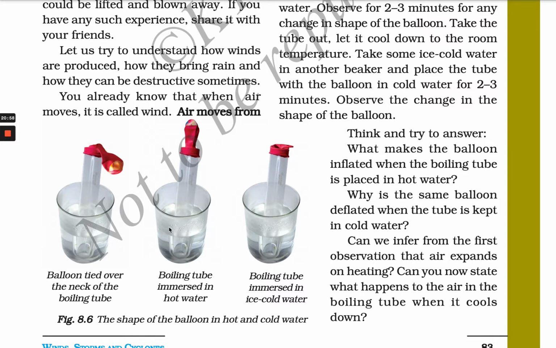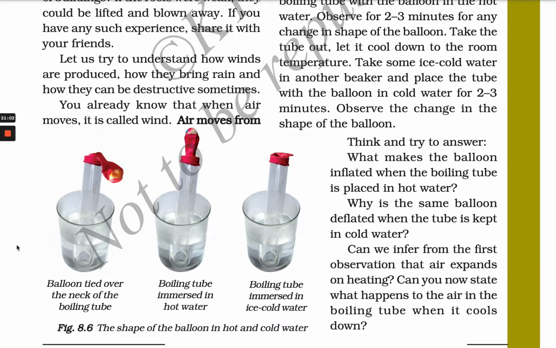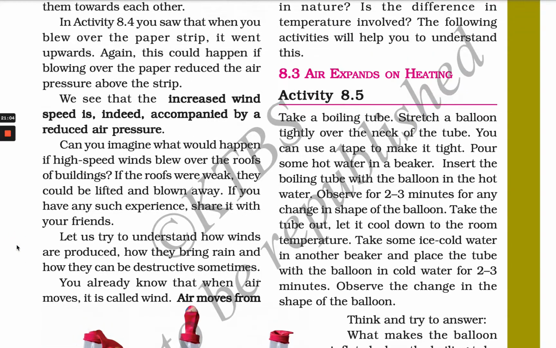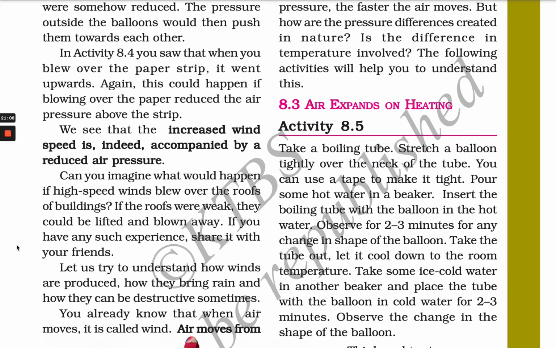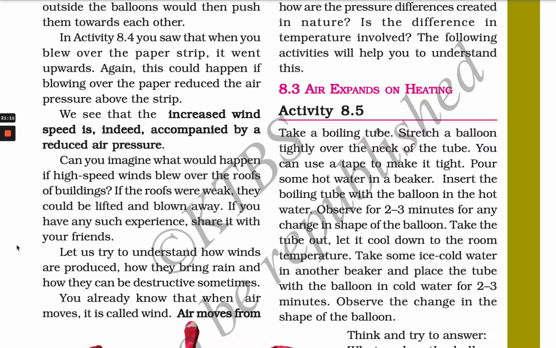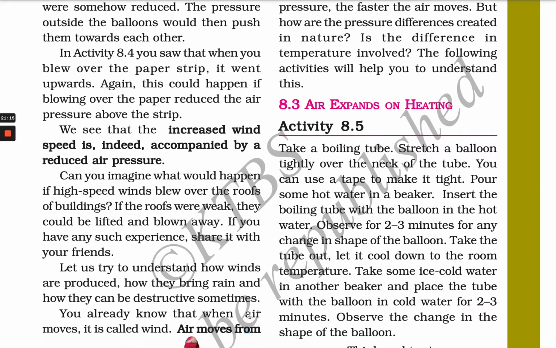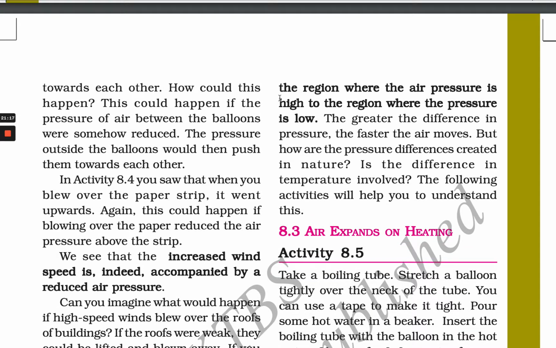So that shows that the experiment where it says that air moves from the region where the air pressure is higher to the region where the pressure is low, right?